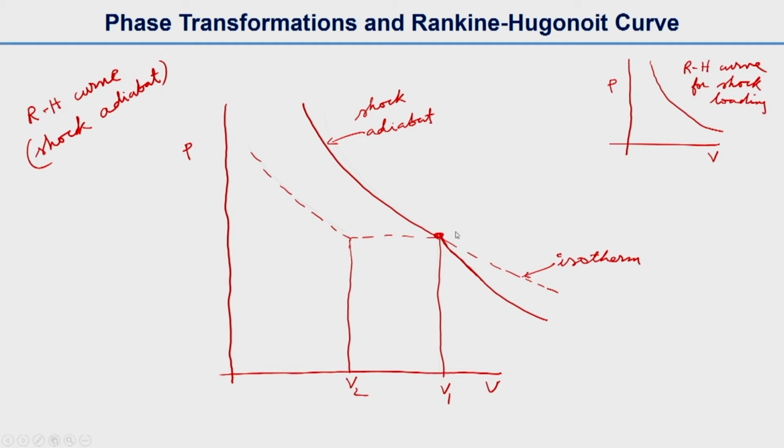This discontinuity exists because of the phase transformation. So this discontinuity will indicate the onset of phase transformation. I will write within brackets: discontinuity, onset of phase transformation.